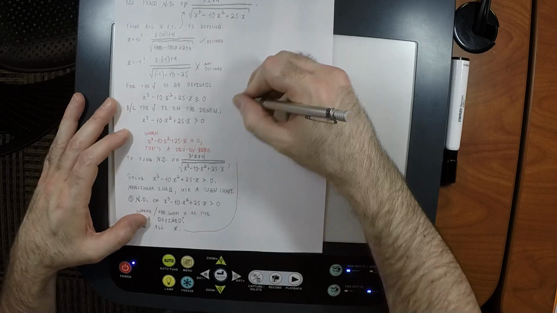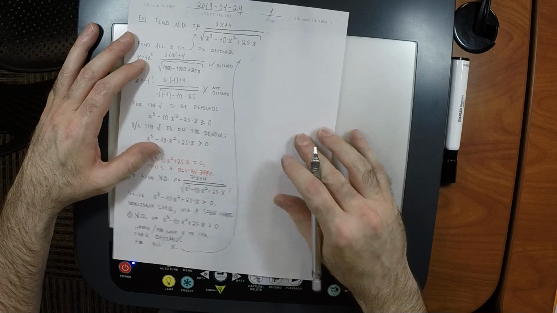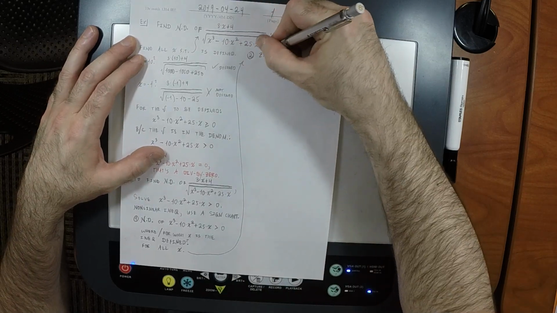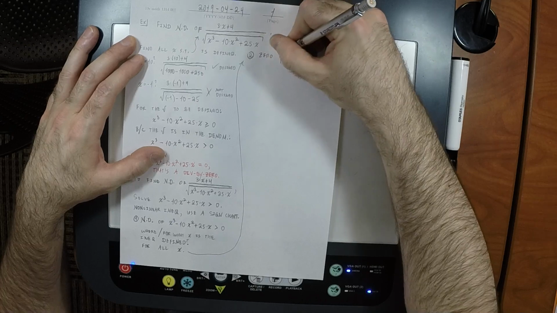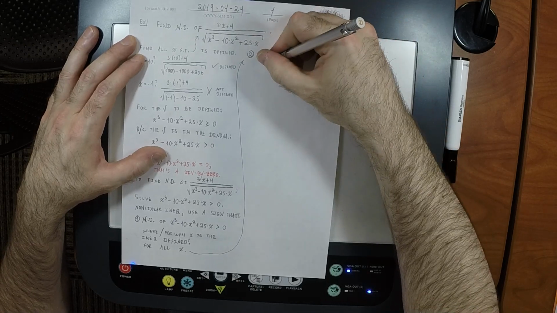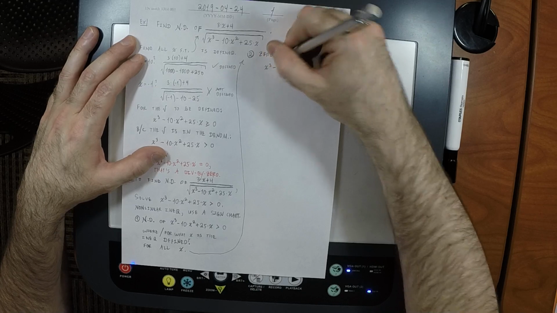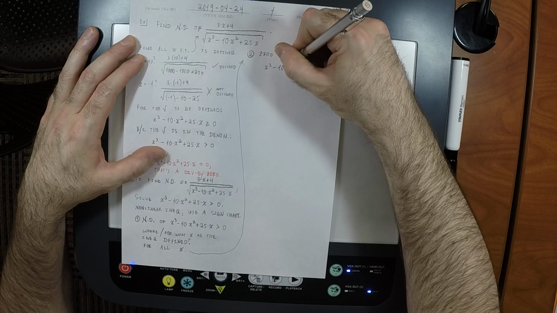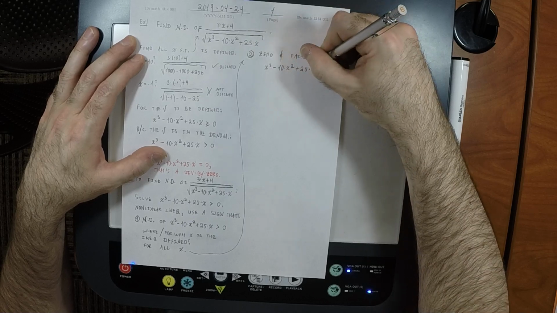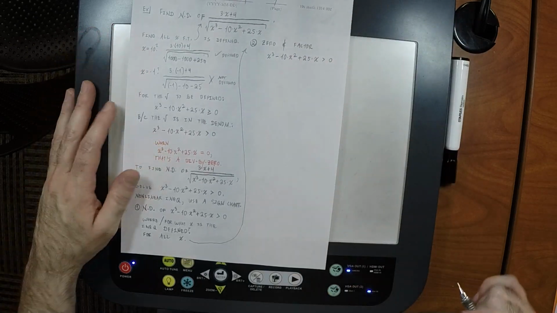So now the next step in the sign chart method, step 2, is called the 0 and factor step, which is to say that we want to take the inequality we're working on, x cubed minus 10x squared plus 25x greater than 0, and we're going to do two things to it.